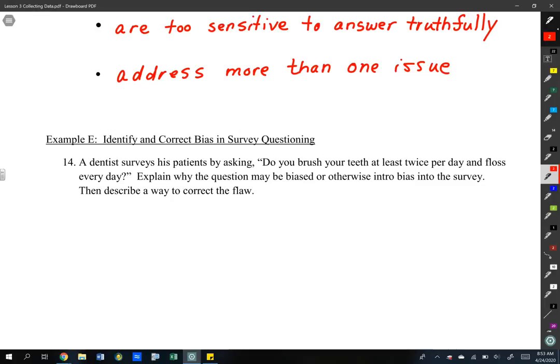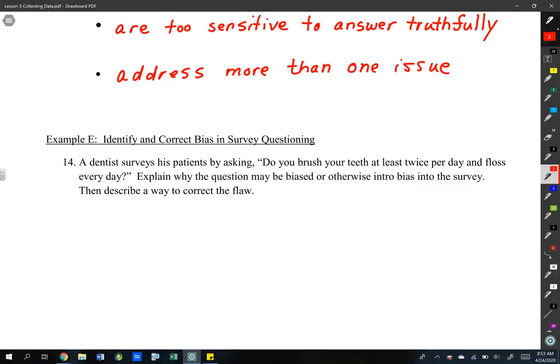So, the way I would look at this is I think that a dentist point blank asking you if you brush your teeth twice per day and floss every day, people are just going to respond yes. So I think patients who brush less than twice per day or don't floss daily might be afraid to admit that because the dentist is the one asking the question.